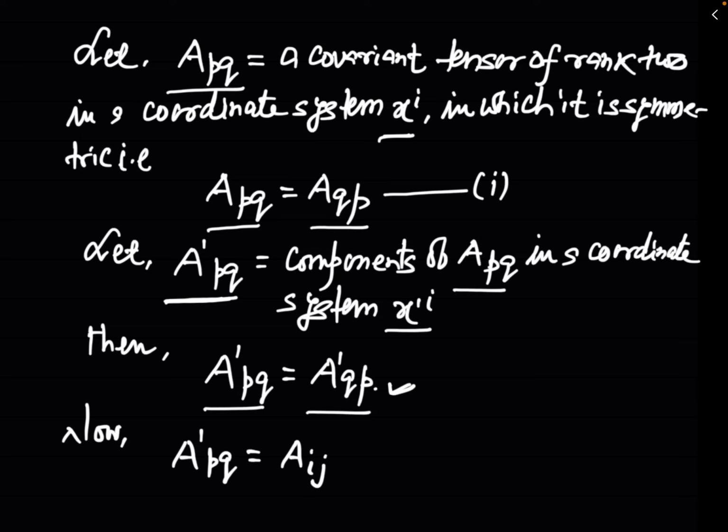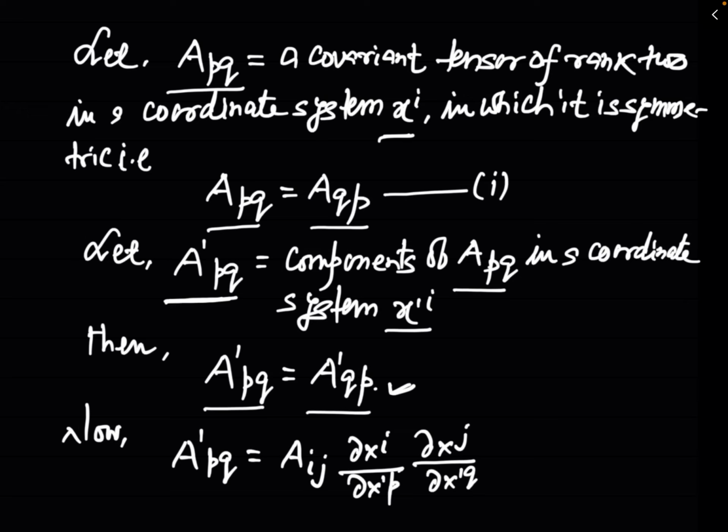Then you know from the law of transformation of a covariant tensor of second rank that A prime PQ is equal to Aij times del xi by del x prime p. You can remember the transformation law for a covariant tensor of second rank, and times del xj by del x prime q. You know it.